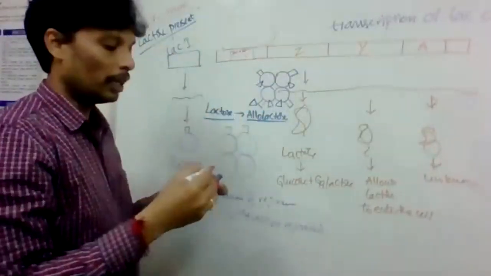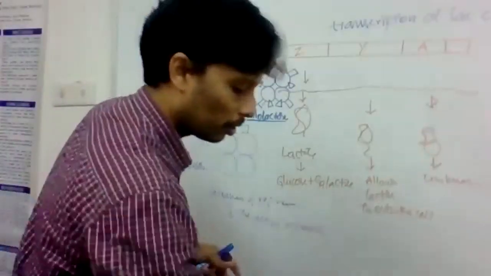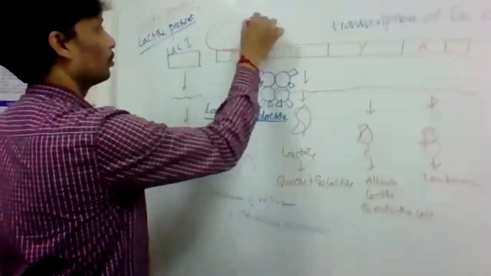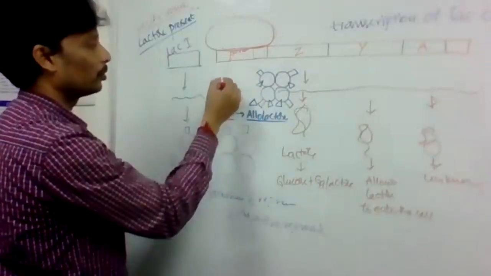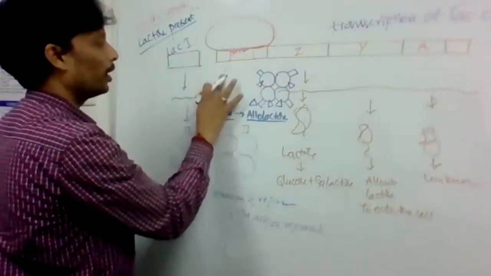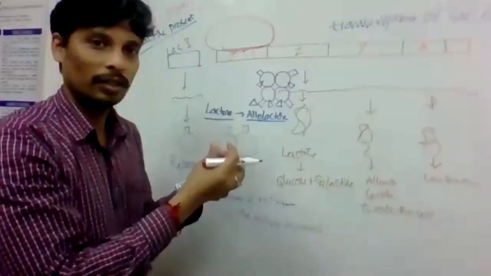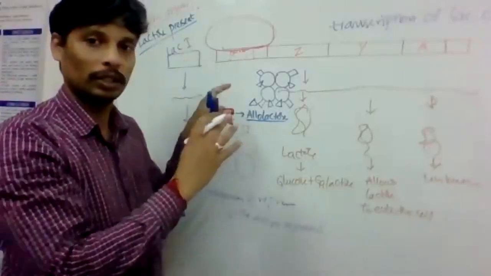It's a loose affinity, not strong enough to bind to the region. So it requires some other molecule to bind to this particular promoter.